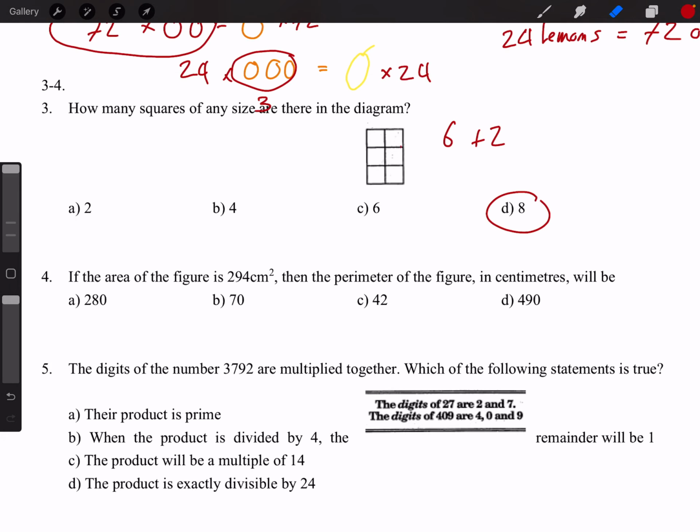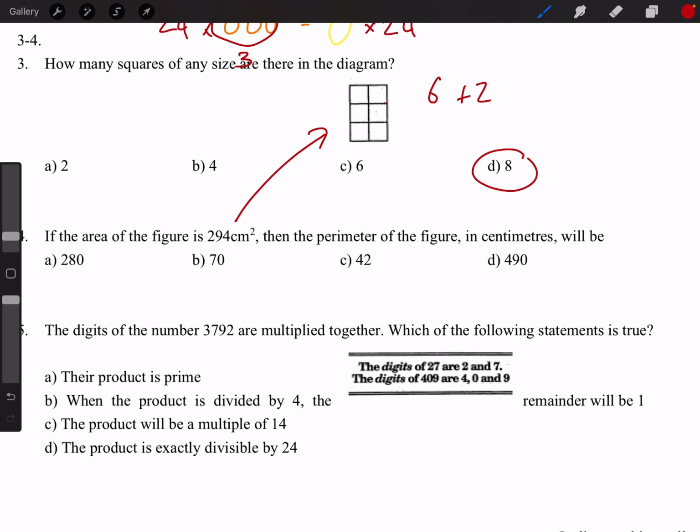It says if the perimeter of this figure is 294. Now we know that this figure is made up of 6 squares. So what we're going to do is take 294 and divide it by 6. 29 divided by 6 will be 4. 24, subtract, you get 5.